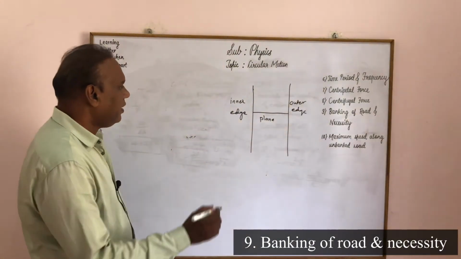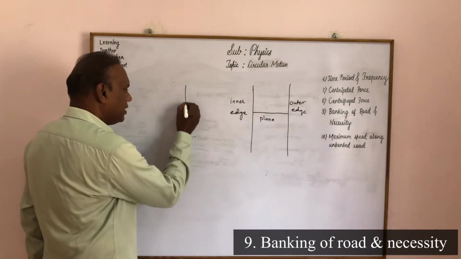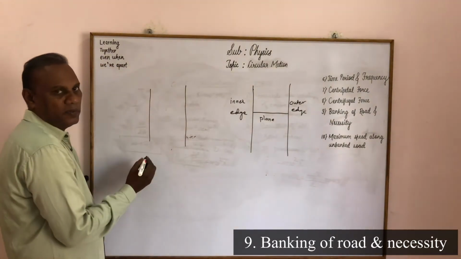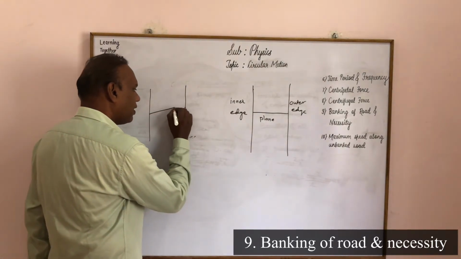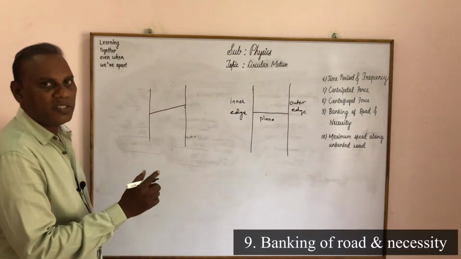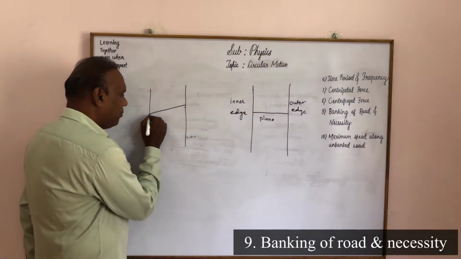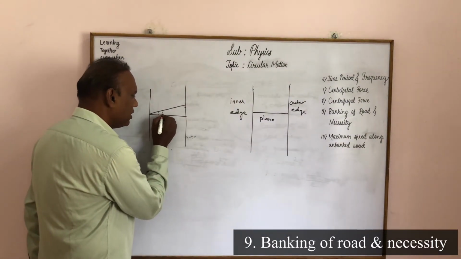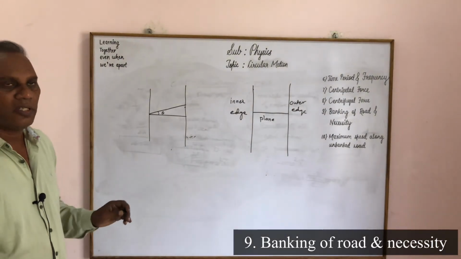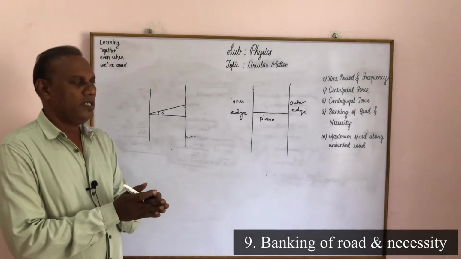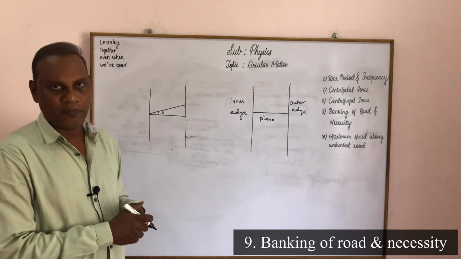But suppose the outer edge is raised and makes some angle with the horizontal. Such a road is called a banked road.